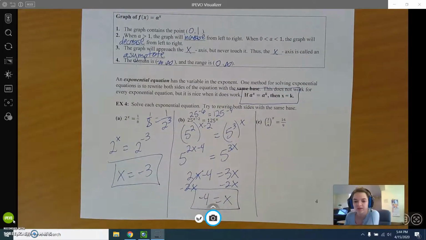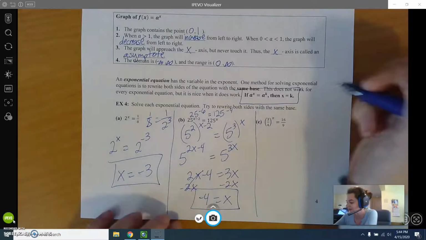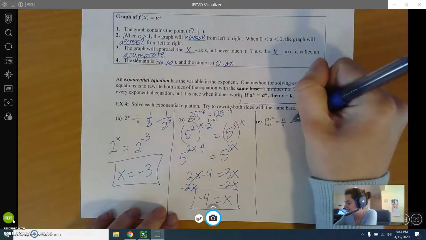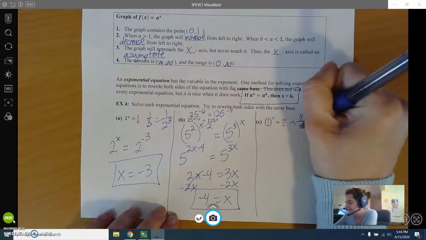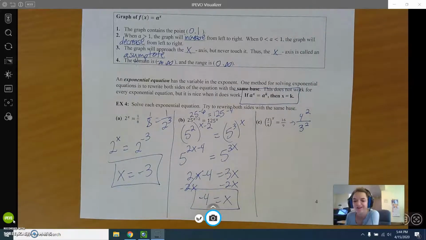Last one is 3 over 4 to the x equals 16 over 9. So what I'm noticing is that 16 is 4 squared and 9 is 3 squared, right? So that kind of relates back to that 3 and the 4, but they're flipped. So do you guys know of any way that we could flip them back? It would be with negative exponents, right?